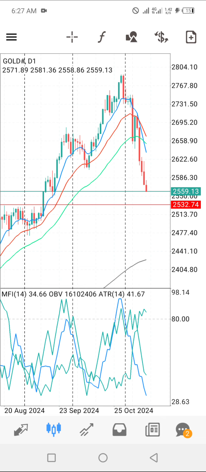It constitutes some indicators, like two or three types of indicators. We have the EMAs, the MFI, which is the money flow index. We also have the on-balance volume, the OBV indicator, and then we have the ATR indicator.